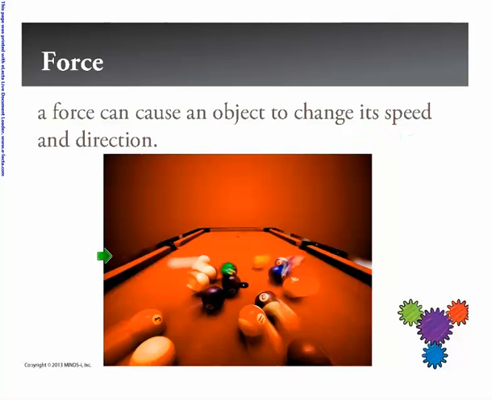So you can see that force causes an object to change its speed and direction. You start out with the white cue ball and it knocks into another colored ball, which in turn knocks it into the hole. So the force of the first object changes the speed and direction of the second object.